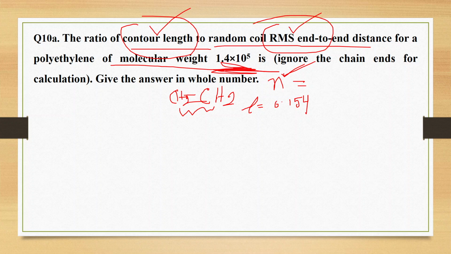The molecular weight is given and you know it is polyethylene, so you can obviously calculate the number of segments, as you are not taking the chain ends, so it is easier. Polyethylene means just the CH2 group is repeating.